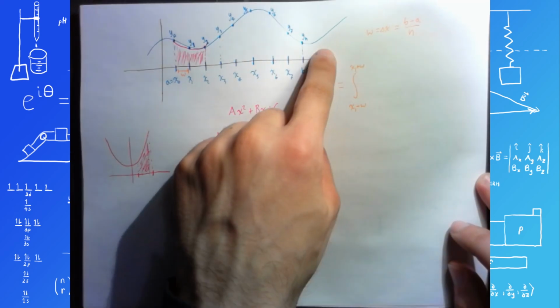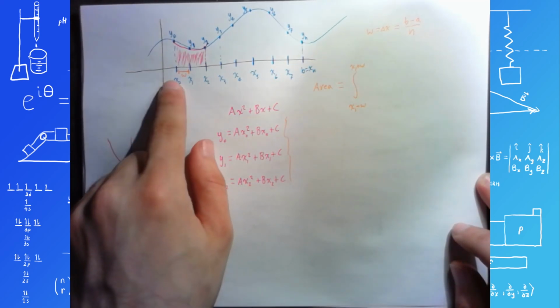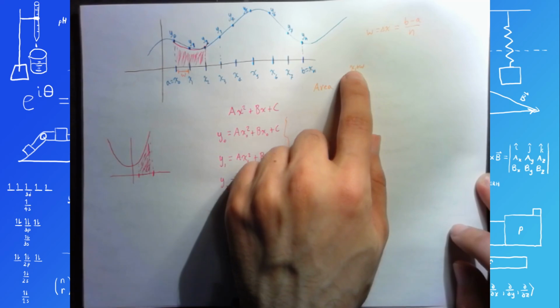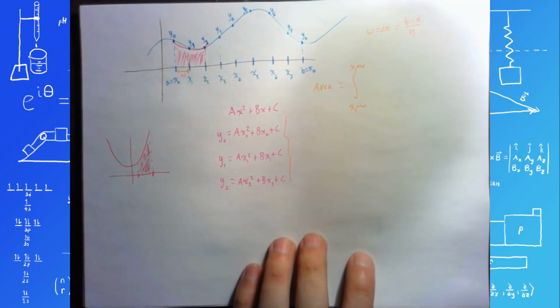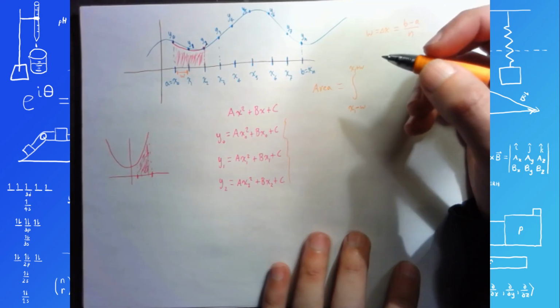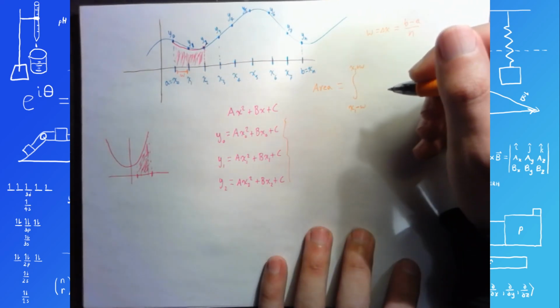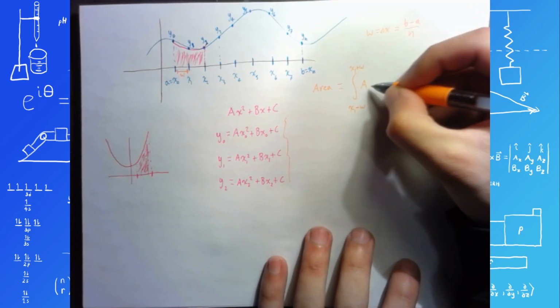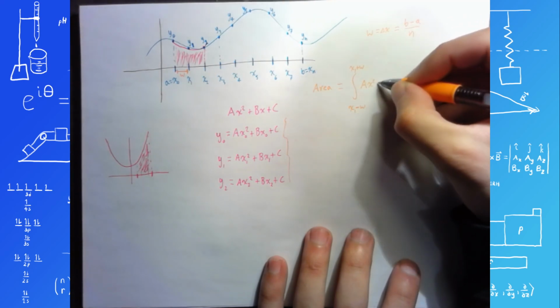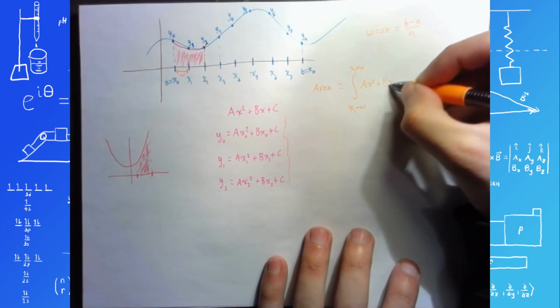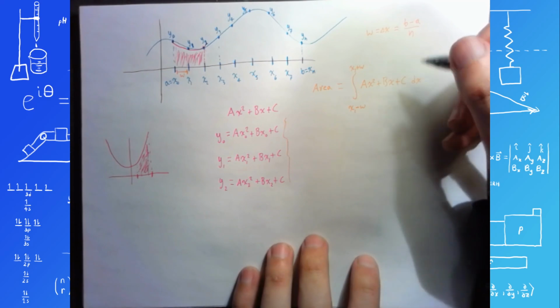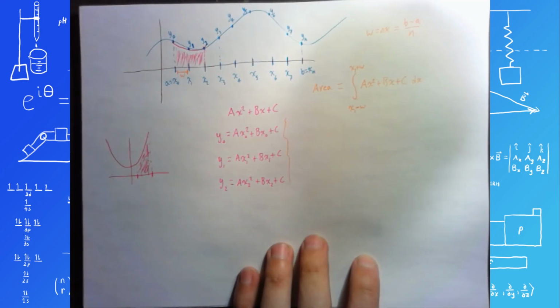Instead of x0, I'm just calling it x1 minus w, and x2, I'm calling it x1 plus w. That's all I'm doing. So let's go ahead and write our function. It's going to be of the form ax² + bx + c, integrated with respect to x, and that'll be the area of that pink region.